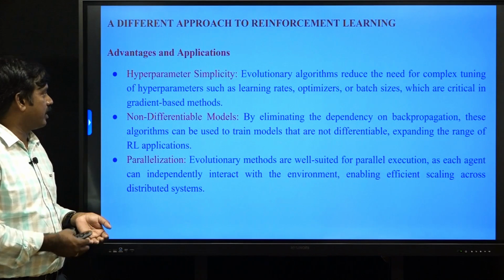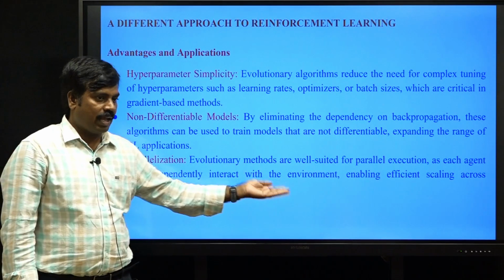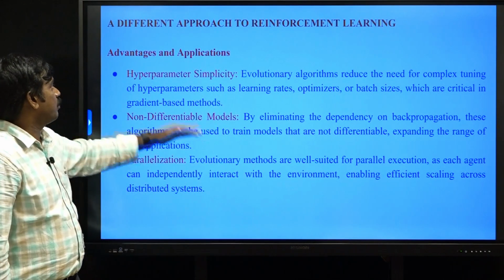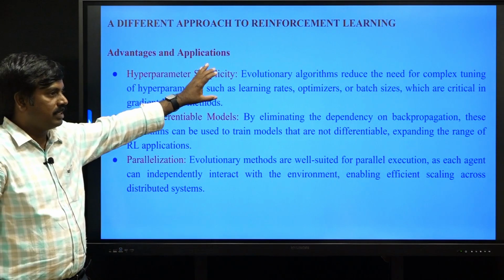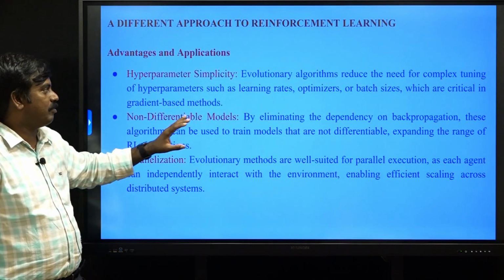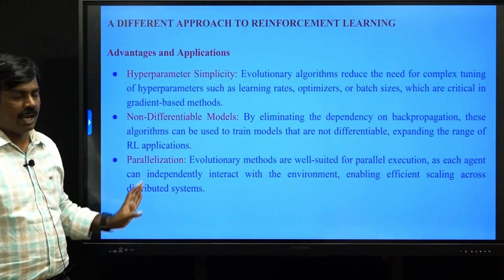Differentiability is not required in evolutionary models, and it allows parallel learning. So these are the advantages: hyperparameter simplicity, non-differentiable models, and parallel learning.